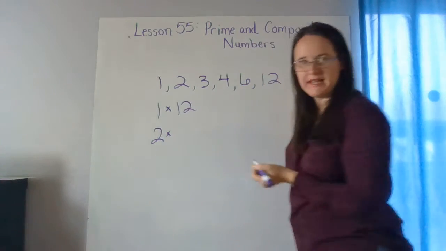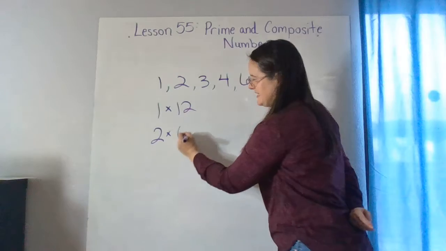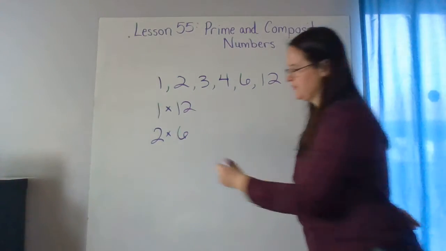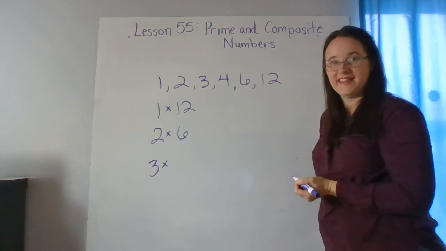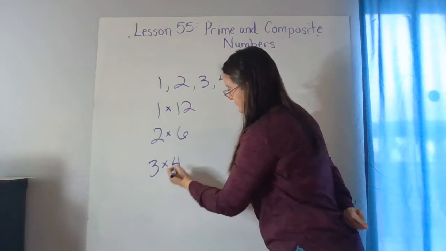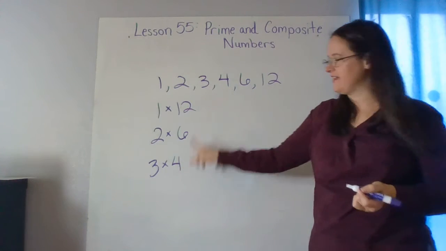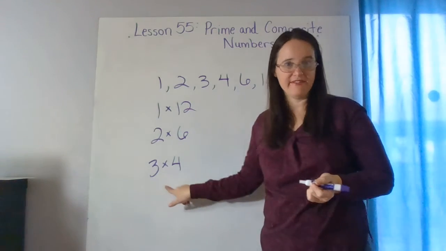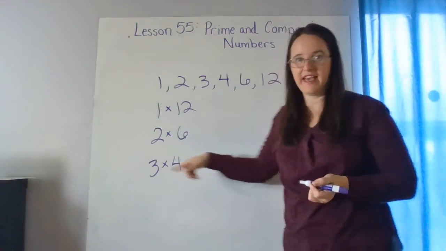2, what do we multiply by 2 to get 12? 2 times 6. What do we multiply times 3 to get 12? 3 times 4. And then that's it, because now if we keep counting, we'd write 4 times 3, but we already have that one. We would write 6 times 2, but we already have that one.